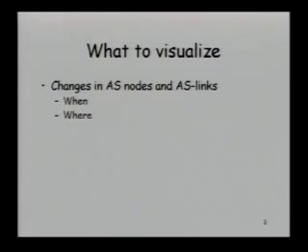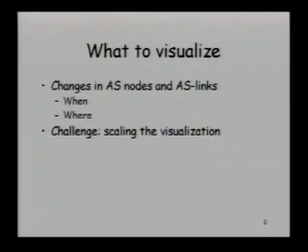So what exactly are we interested in visualizing? Basically, we want to visualize changes in topology, so nodes and links. And we are interested in capturing where and when these changes happen. One of the challenges we faced was scaling. The internet is a very big system.